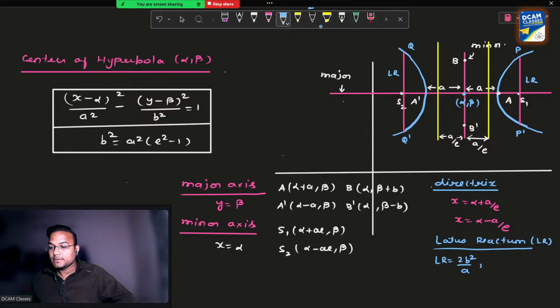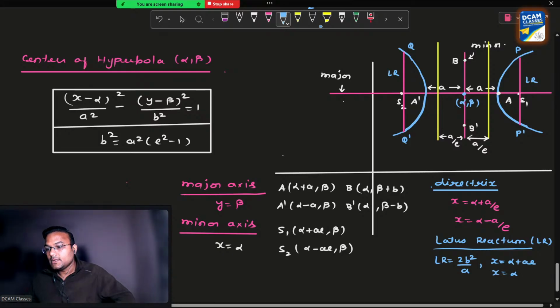The ends will be alpha plus or minus AE comma beta plus or minus B square by A. Equation will be x is equal to alpha plus AE and alpha minus AE.